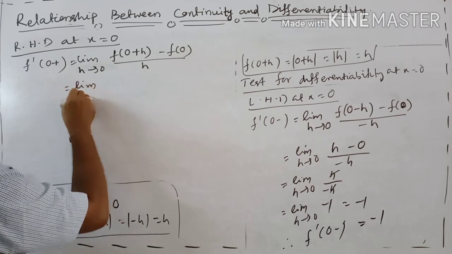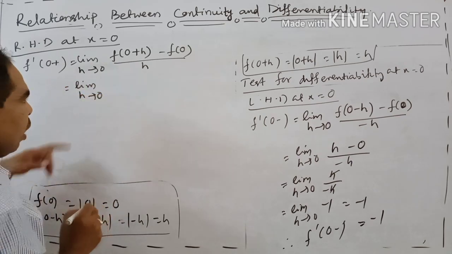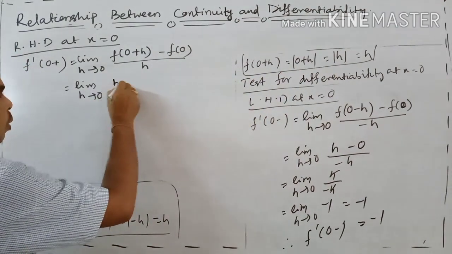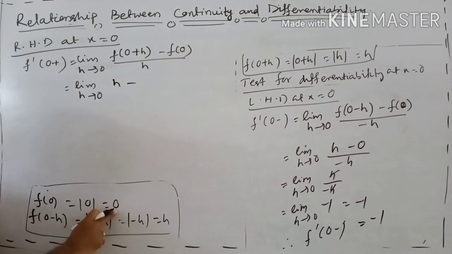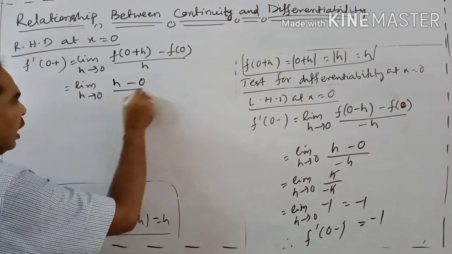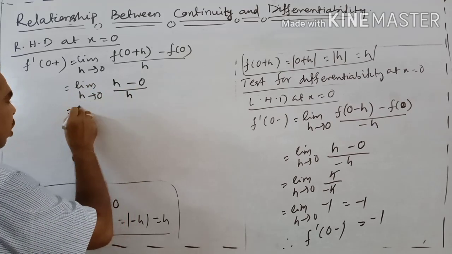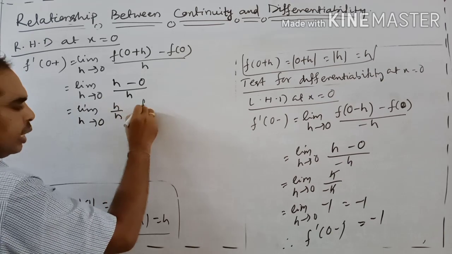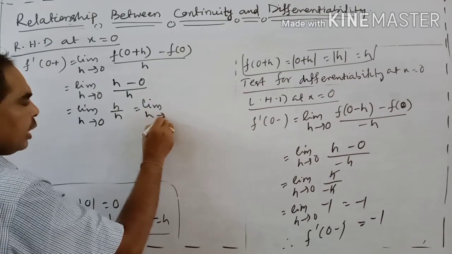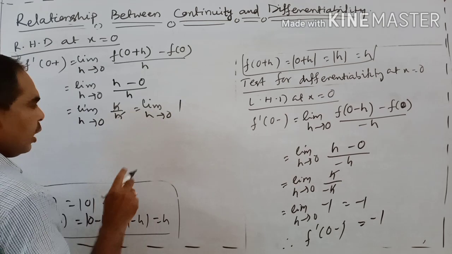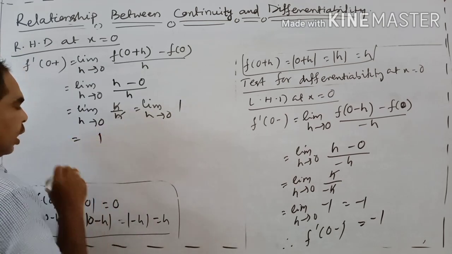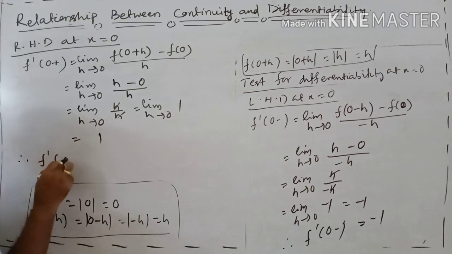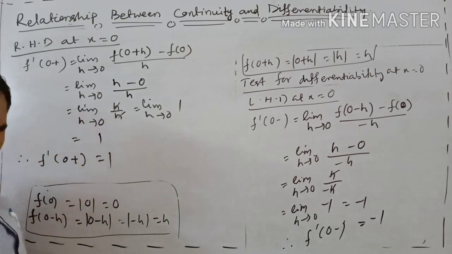A means 0. So limit h tends to 0 of f of 0 plus h. f of 0 plus h is what? h, minus f of 0, which is 0, divided by plus h. So is equal to limit h tends to 0 of h by h, which is equal to limit h tends to 0 of 1. h cancels. The limit of a constant is the constant. Therefore f dash 0 plus is 1.